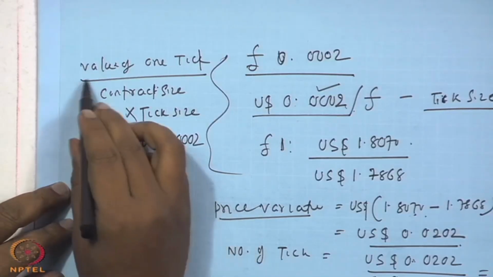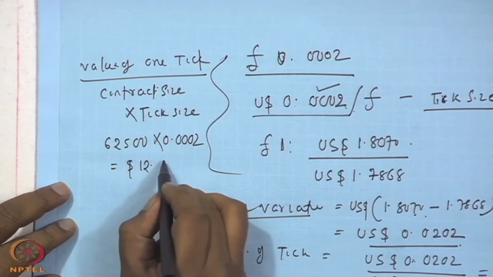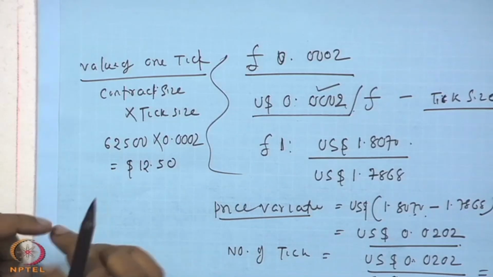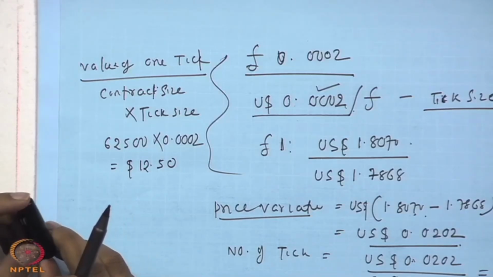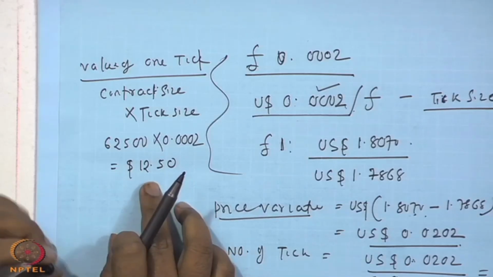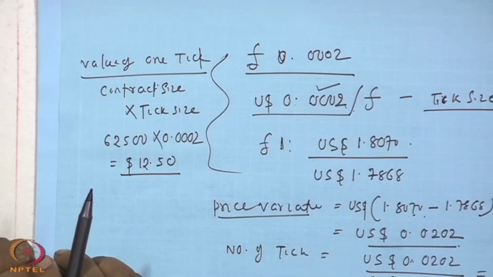So, what is the value of one tick? If you multiply this, it is 12.50. The value of one tick is the contract size into the tick size. The value of one tick in case of pound sterling is 12.50 dollar.